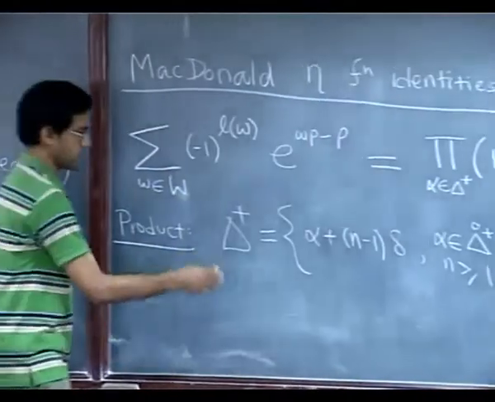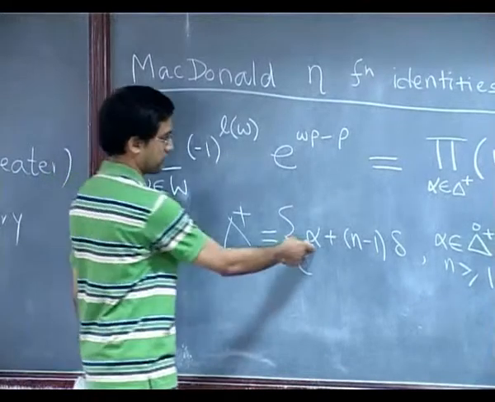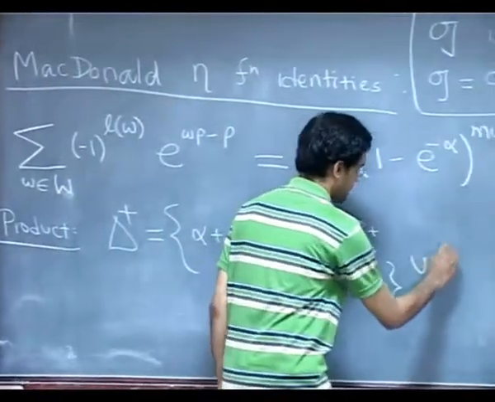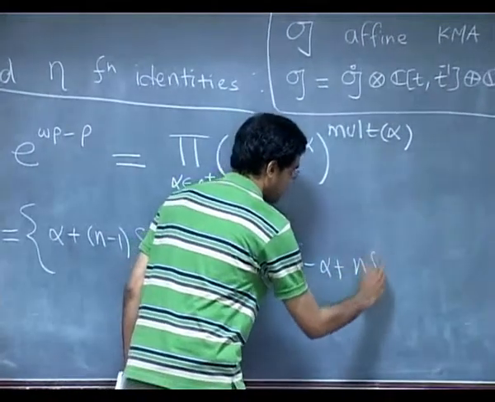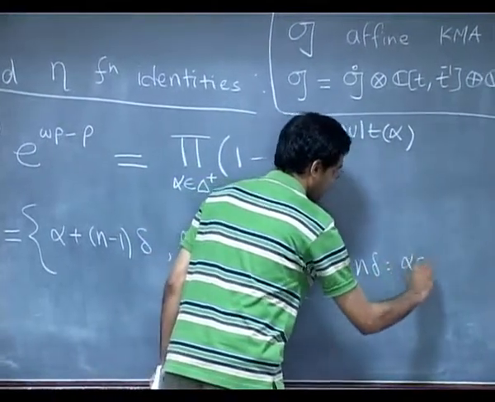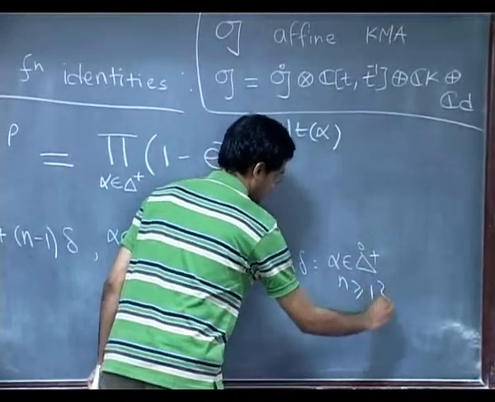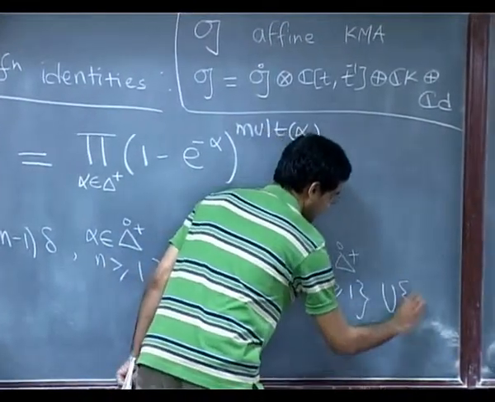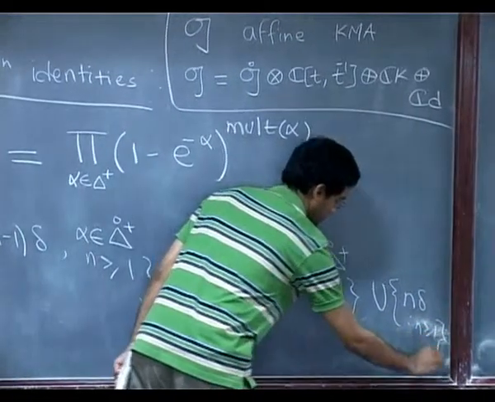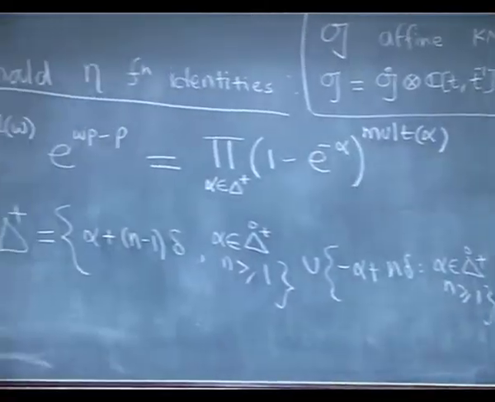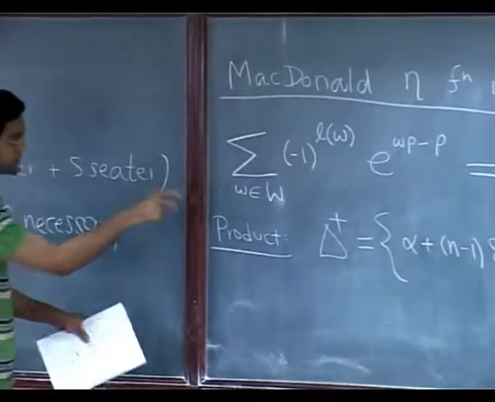It's just another way of saying alpha plus n delta for n at least 0 if alpha is already positive; or if alpha is negative, meaning I think of it as minus alpha, I should start from n at least 1. And then finally the imaginary roots n delta.